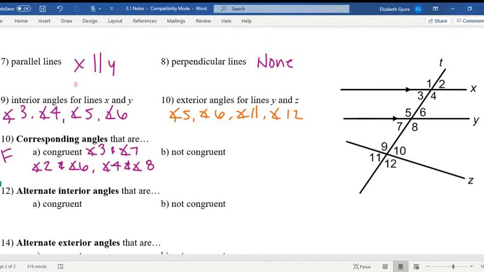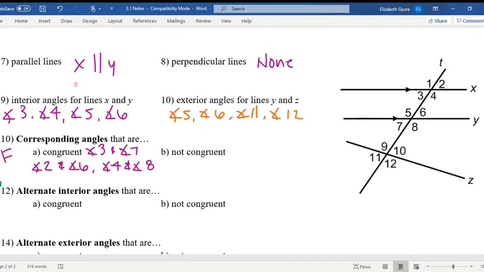So you could also kind of ignore Y and look at X with Z, or you could ignore X and look at Y with Z. It's up to you. And what I like to do when I'm actually teaching this on paper is I like to physically take a Post-it note and cover up portions of the picture. So you guys can always take an index card or your hand and cover up portions. It can help when there's a lot of extra information.